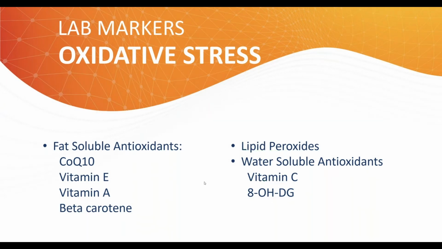A lot of the companies that we use may have an antioxidant that has all this stuff in it, but I think it's cool to be able to differentiate between these, because if you have a major fat-soluble antioxidant crisis, you're thinking about inflammation and damage specifically around lipids.